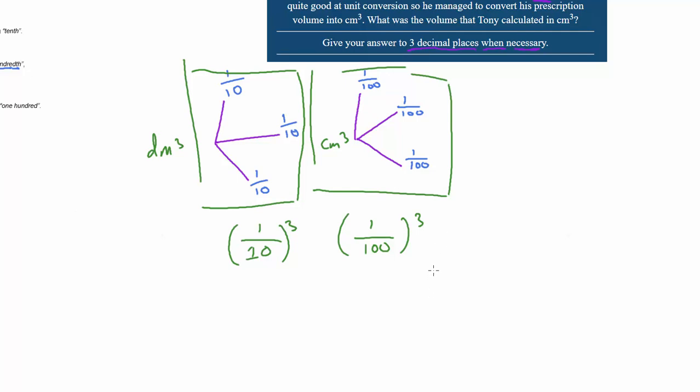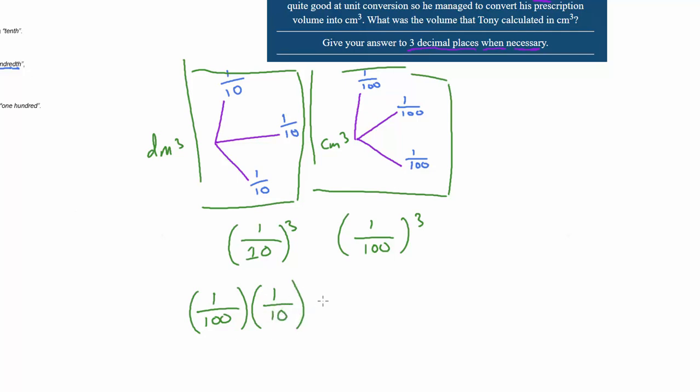So if we do that, how I'm going to work this out is that this is effectively synonymous with 1 over 100 multiplied by 1 over 10.